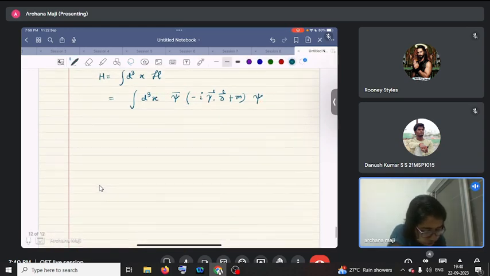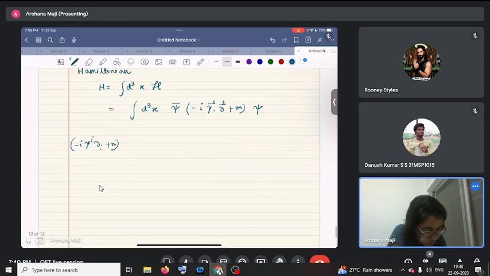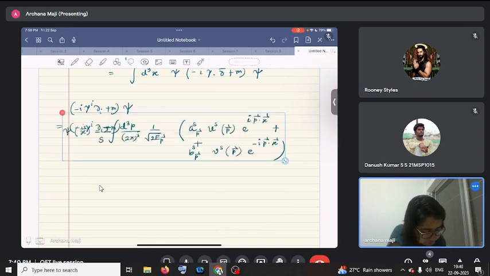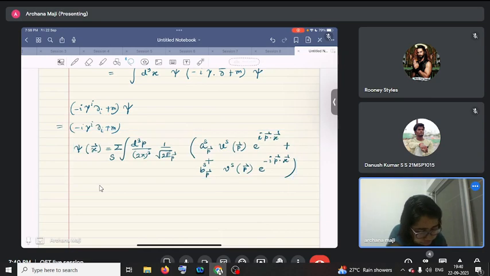Okay, so let's do that. So minus i gamma^i del_i plus m acting on psi is equal to plus m acting on this, summation over s.